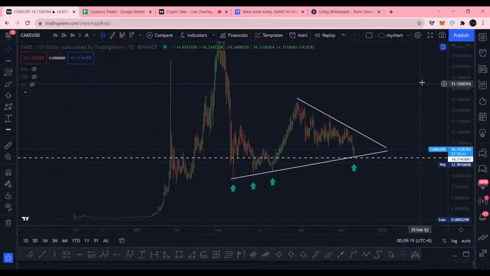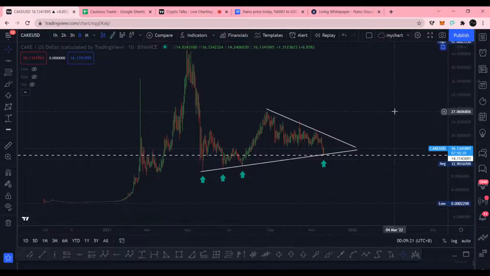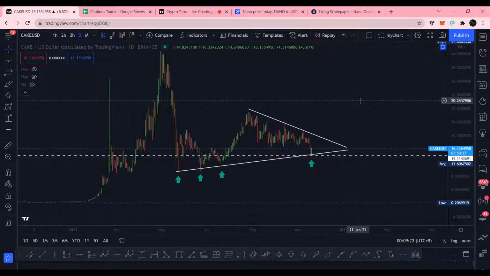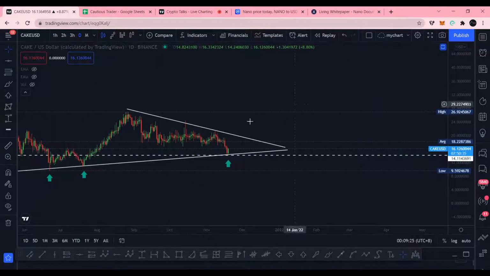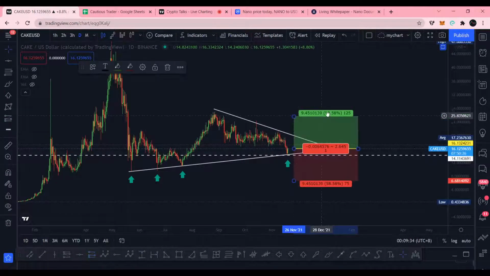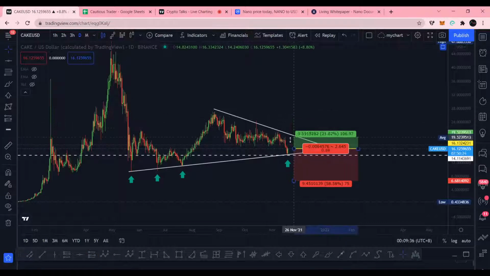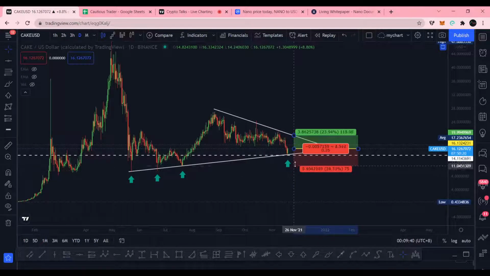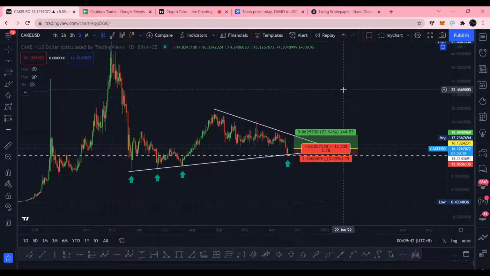I might possibly test long or test buy within the range. Sayang lang, because right now I'd measure it on the current price, since I can't measure it on the previous one, right?